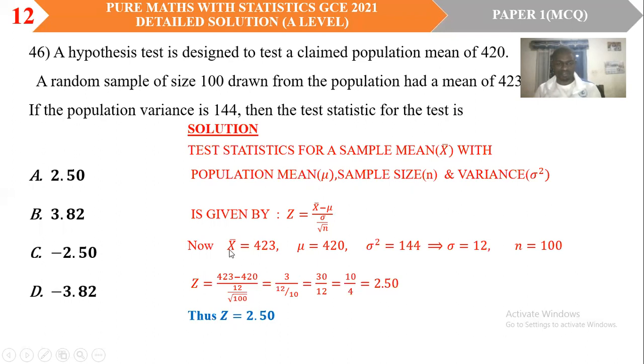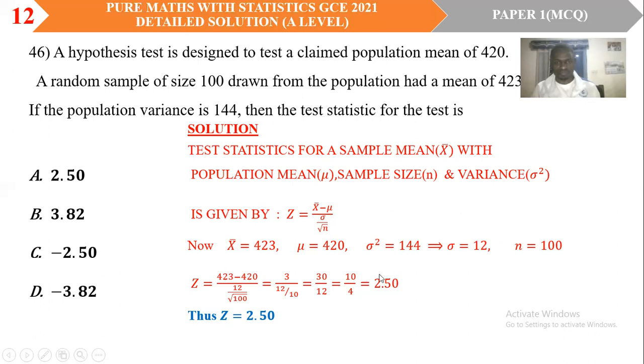In this case, our sample mean is 423. Our population mean is 420. The variance is 144, implying that the standard deviation is 12. The sample size is given to be 100.